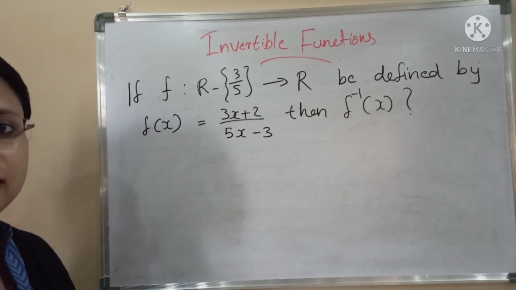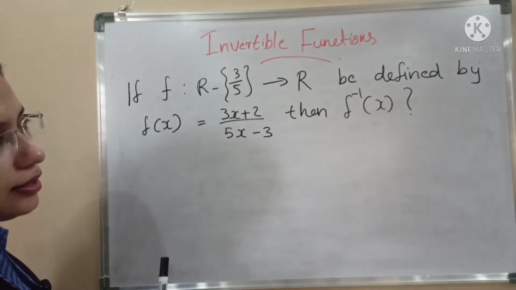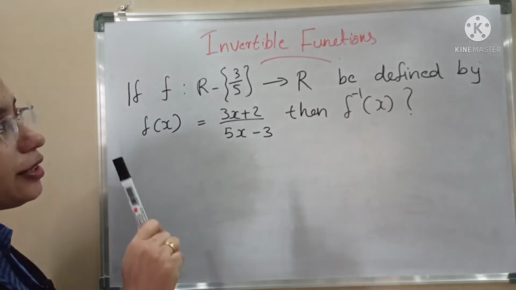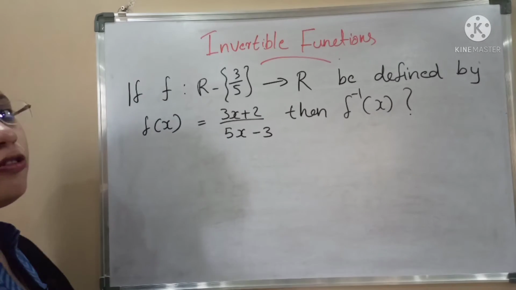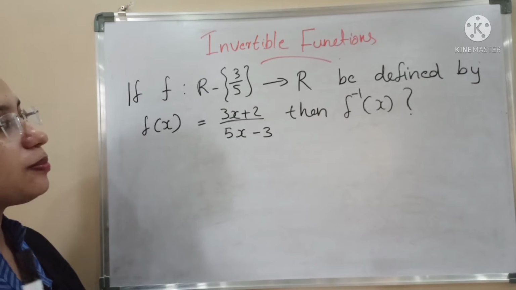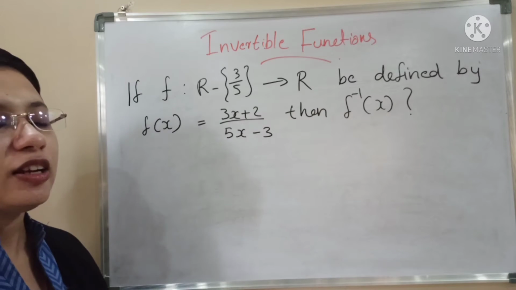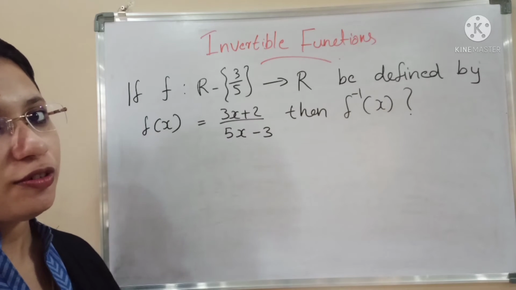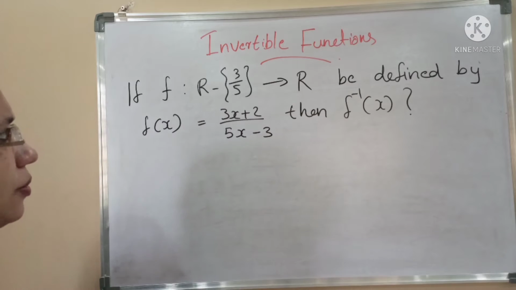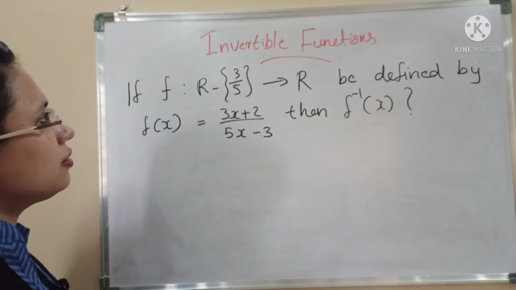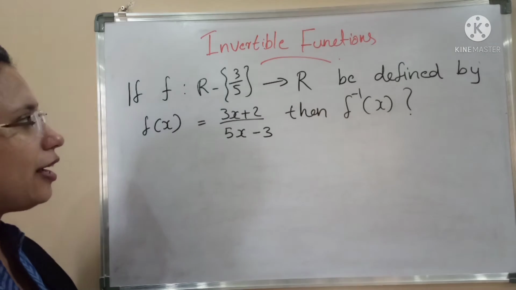Let's see the next. So this is our next question. If f: R minus {3/5} to R is defined by f of x equals (3x plus 2) divided by (5x minus 3), then what is f inverse of x? While seeing this question, you will be afraid of so many complex things given.